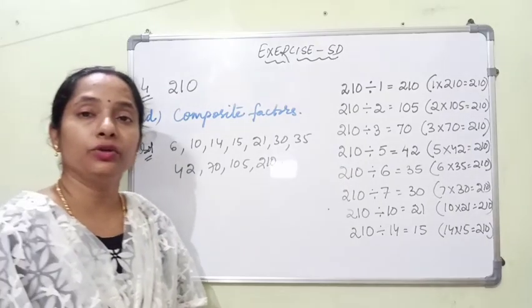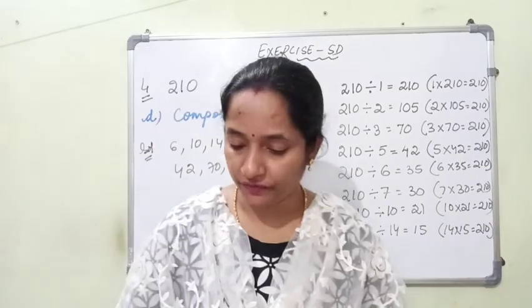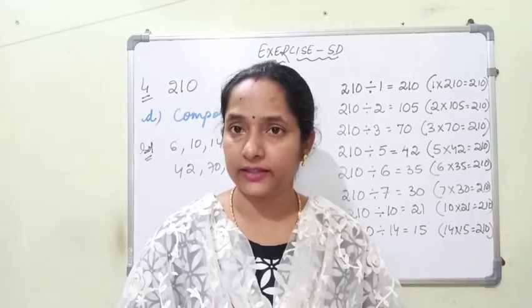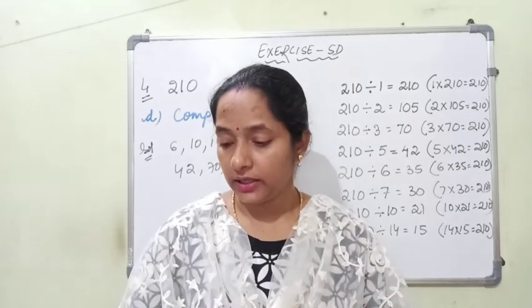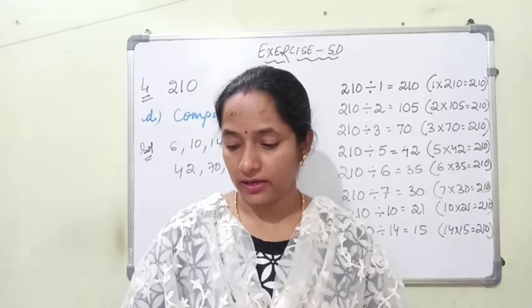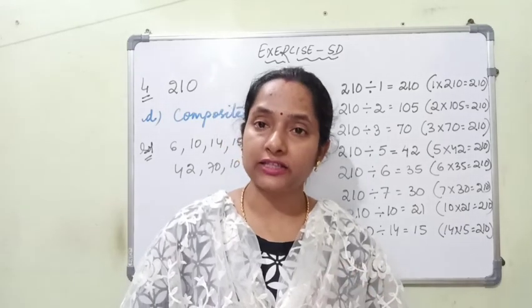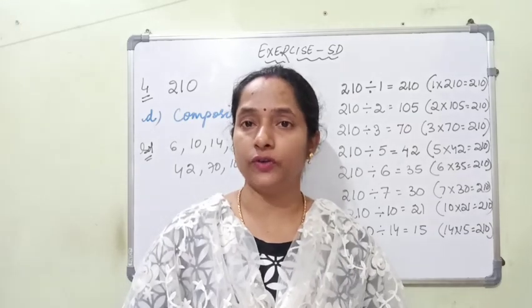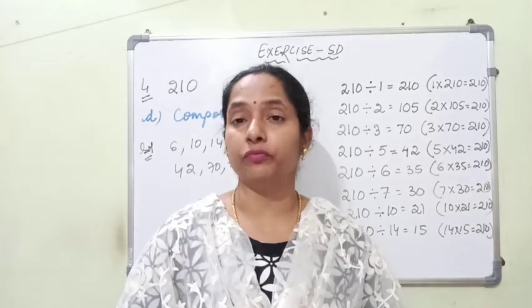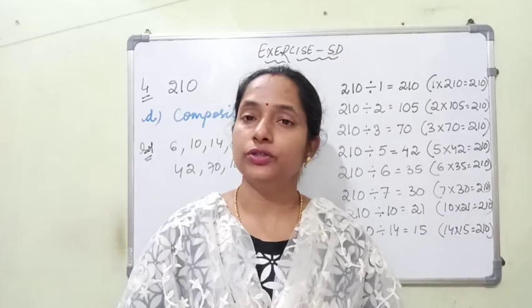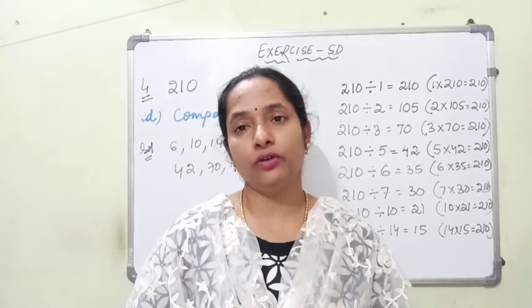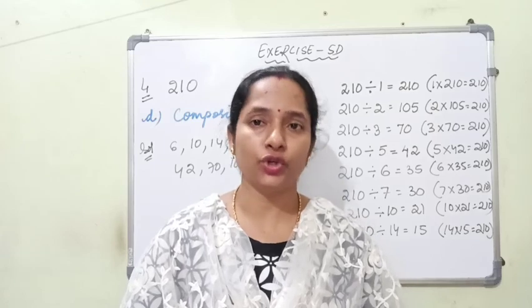So you try to find out all of these, like writing all the factors, finding all the prime factors, finding all the composite factors, even writing the factor pairs for the number 128. So this is one of the homework for you, as I have done question number 4 completely for you. So try this for 128 and do it in your notebook itself.